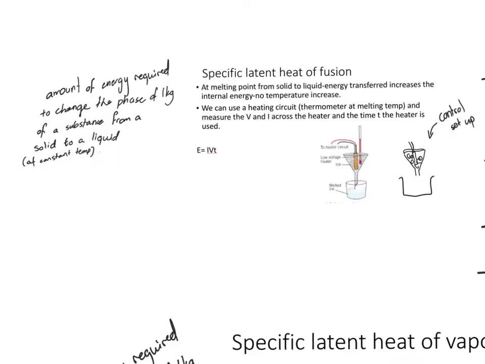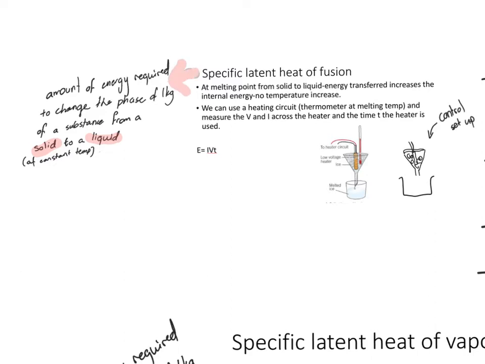Okay, so now what is a specific latent heat of fusion exactly? The definition is here. It's the amount of energy required to change the phase of 1 kilogram of a substance from a solid to a liquid at a constant temperature. It could also be from a liquid to a solid, so either way around it works.